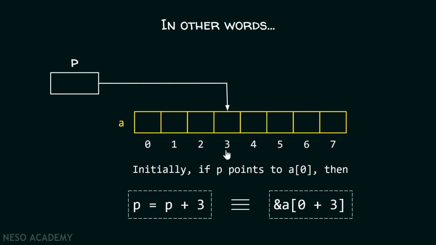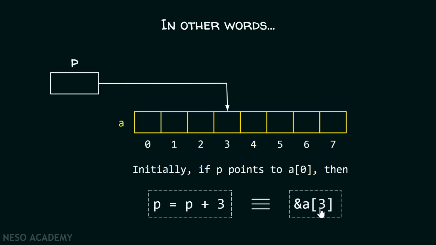It gives us the value 3. The pointer simply lands at that index, and this is what happens when we add an integer to a pointer. Address of A[0 plus 3] is equivalent to address of A[3], that is, the address of the fourth element of this array, right? Now this is very simple to understand. I gave you the idea of what happens when we add an integer to a pointer.